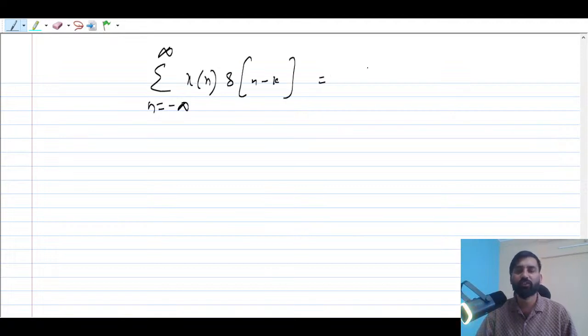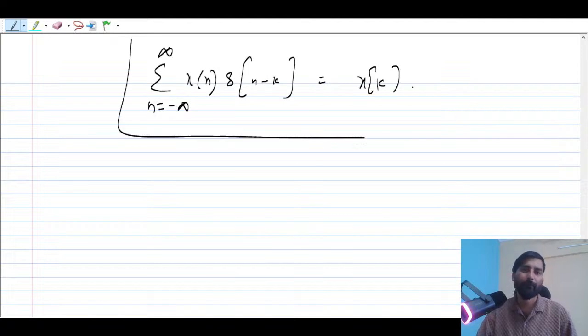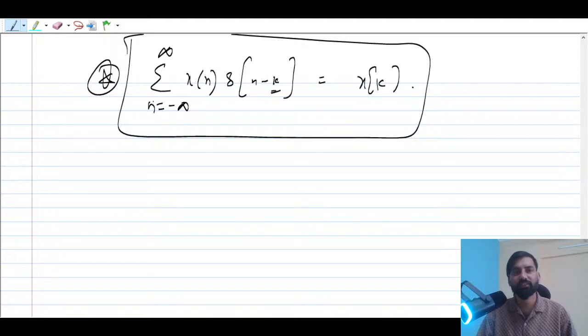So it is going to give you x of k only, provided this k should lie between minus infinity and infinity, okay? So your impulse exists at n equal to k here.